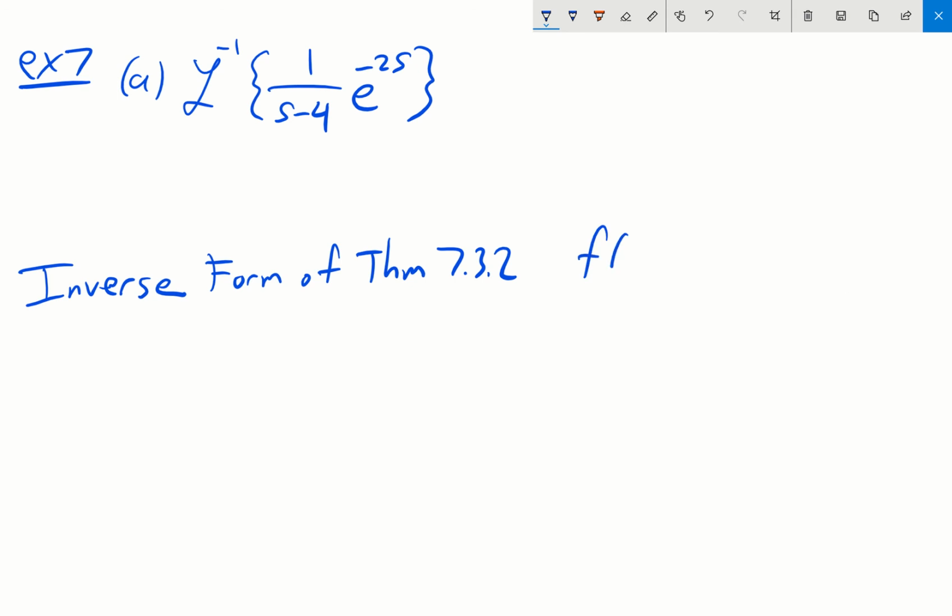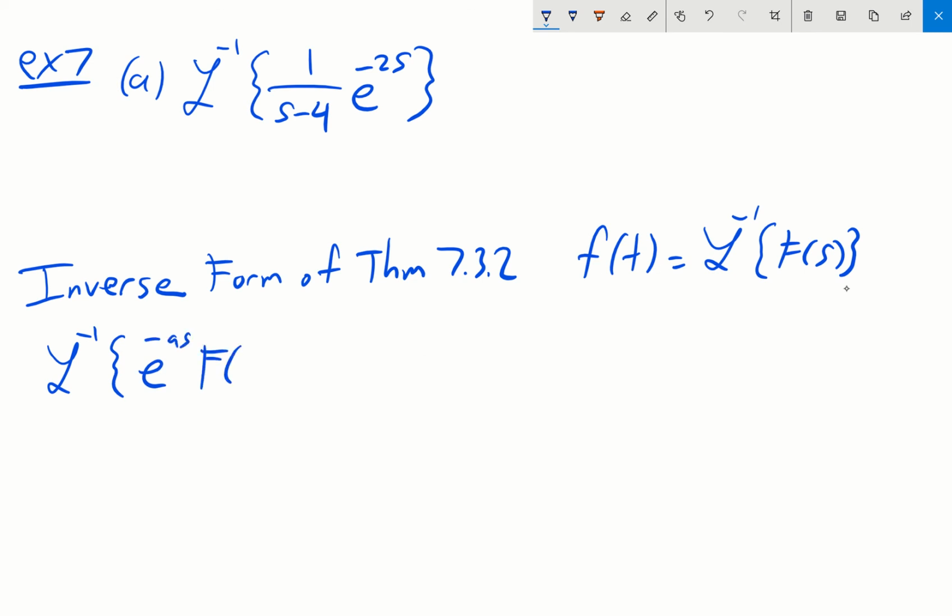Remember, notationally, we say that f of t is the inverse Laplace transform of F of s. Then in this case, the inverse Laplace transform of e to the negative as times F of s is going to be equal to f of t minus a times the unit step function of t minus a.